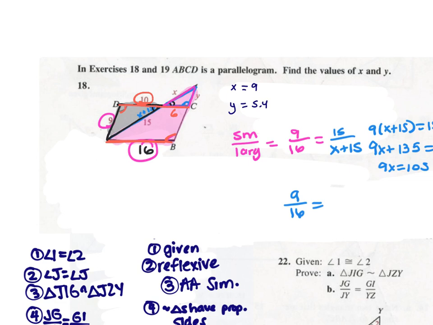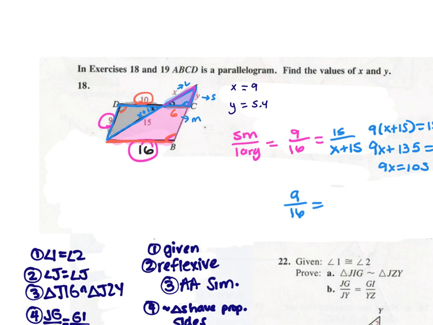So now I can set up the ratio using these two triangles. Let me erase this color so we know which one. We're going to compare the black one to the blue one, because those would also be similar. So now Y looks like it's the smallest side, 6 looks like it's the middle side, and X looks like it's the largest side.